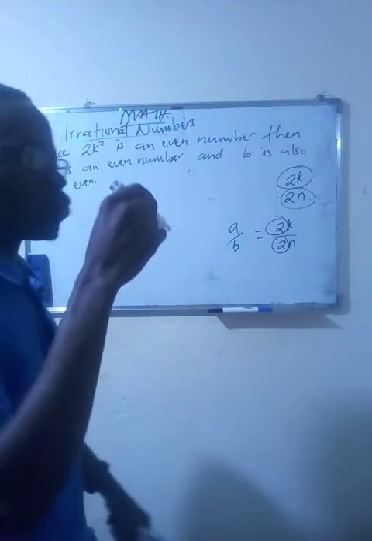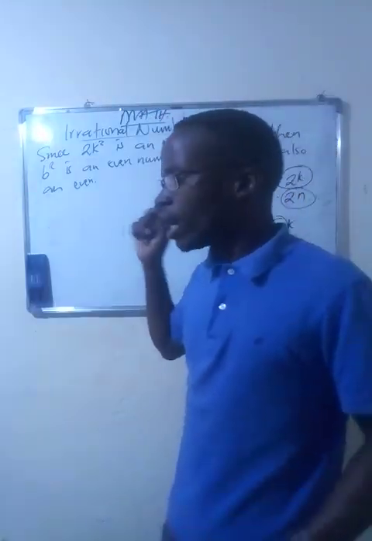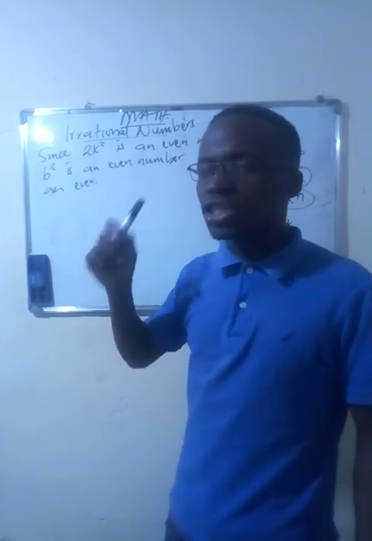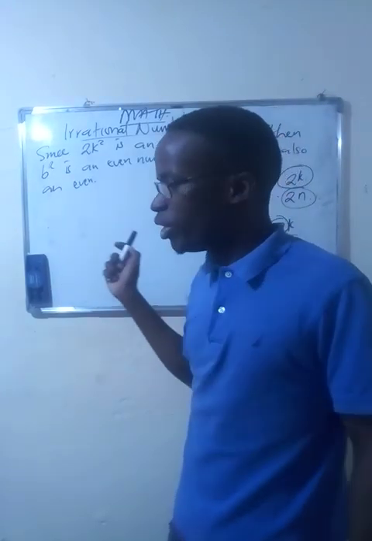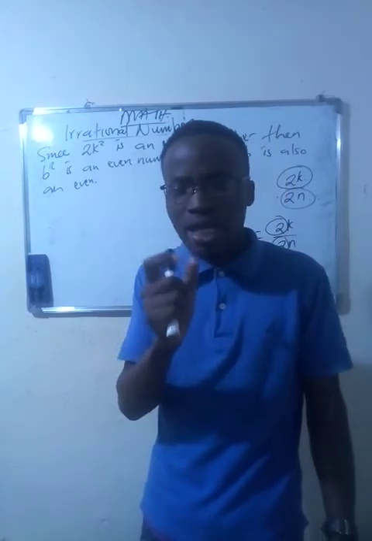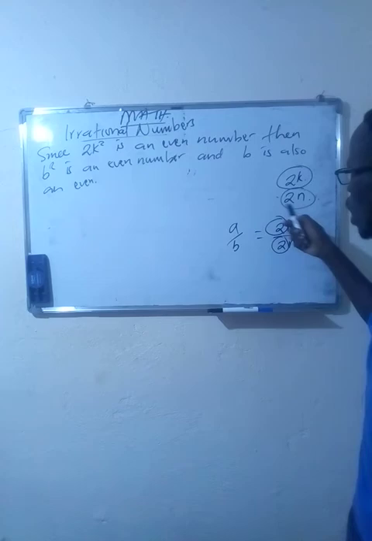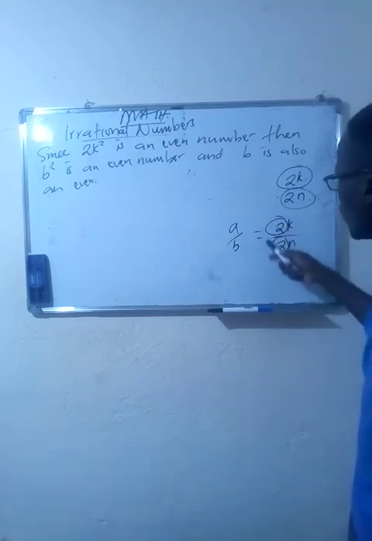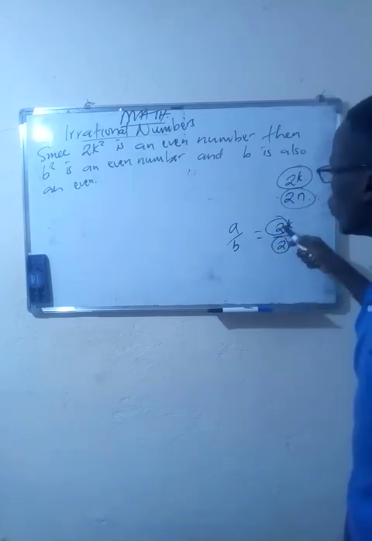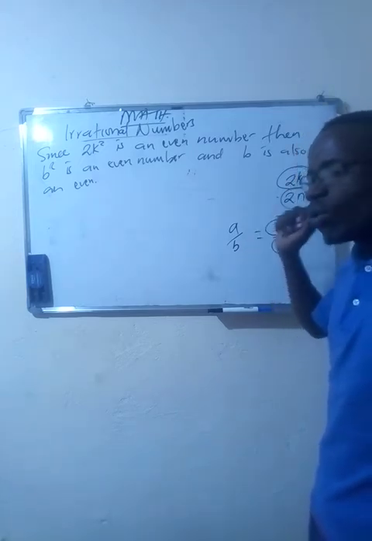In the first place, we said that we are assuming that this number is a rational number which can be written in the form a over b, where a and b should not have any common factor other than 1. But in this case, we have found that these two numbers, a and b, are having this common factor, which is what? Which is 2. And this is what is going to give us a contradiction.